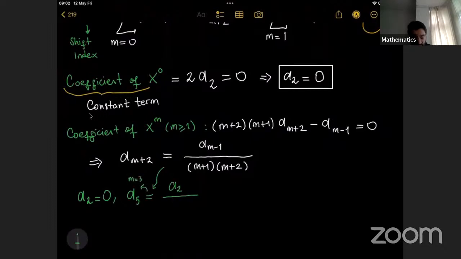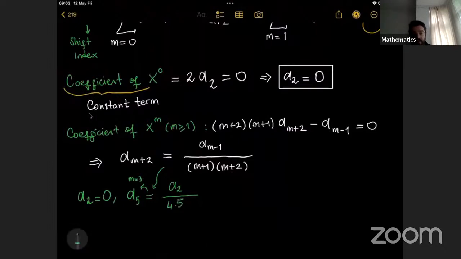If m is equal to 3, we will get a5 is equal to a2 over 4 times 5, sorry, 4 times 5.